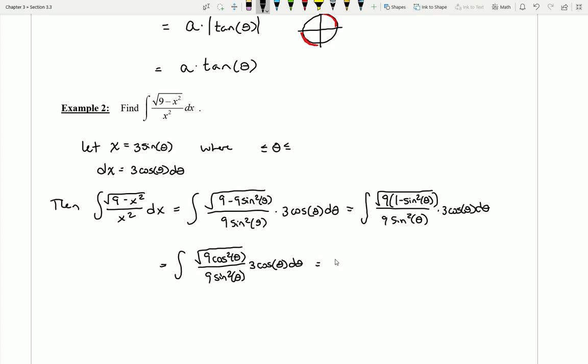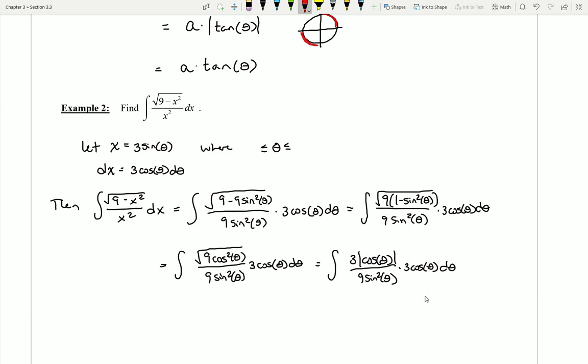I'm going to see here, again, in the numerator, I'm going to end up with a 3 absolute value of the cosine, and then a 9 sine squared theta, and a 3 cosine theta d theta. It is so important, again, that you don't skip over that absolute value step here. I have to have absolute value bars.